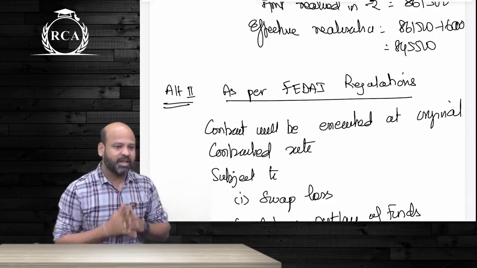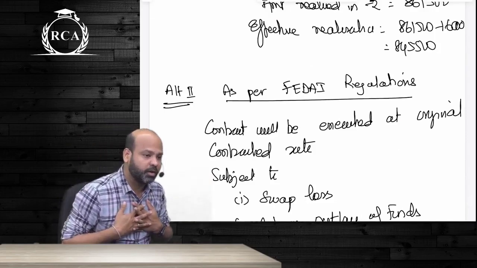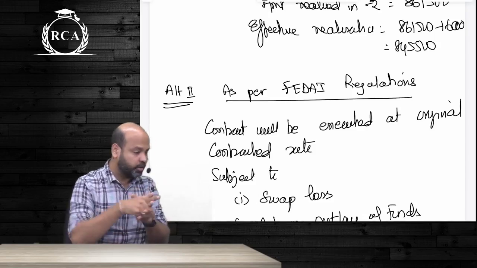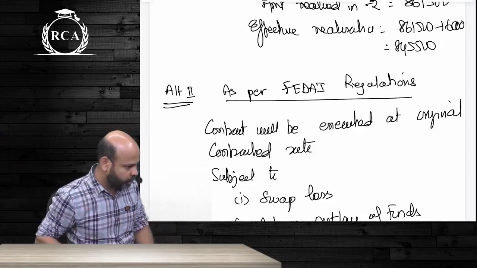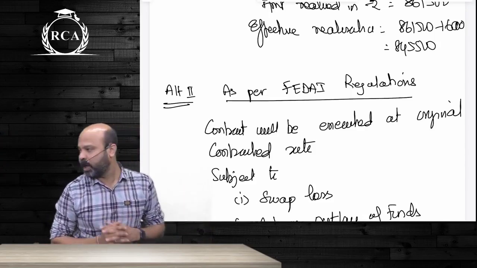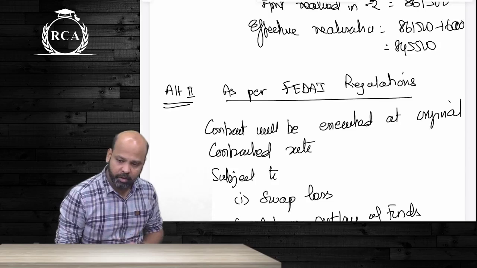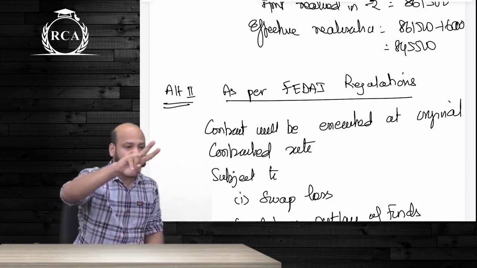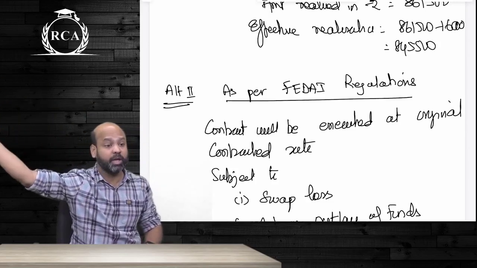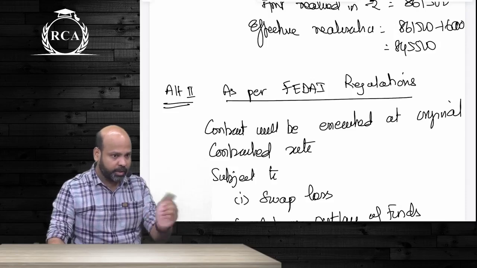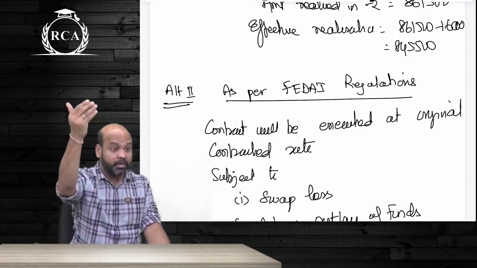So in case a customer has entered into a forward sale contract, the banker is entering into a forward purchase contract. Listen carefully and refer to the notes as and when you are watching this video later. Have the notes open, guys, so that you refer to the example. So you are entering into a forward sale contract, the banker has entered into a forward purchase contract. To hedge himself, the banker must have entered into a forward sale contract in the interbank market. You are coming before the due date, so the banker will have to cancel his forward sale contract.